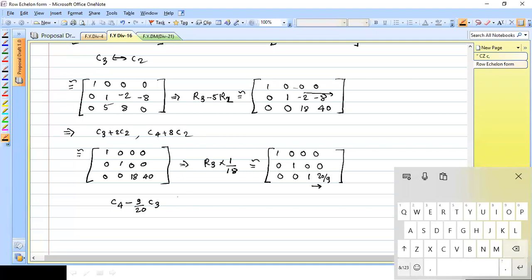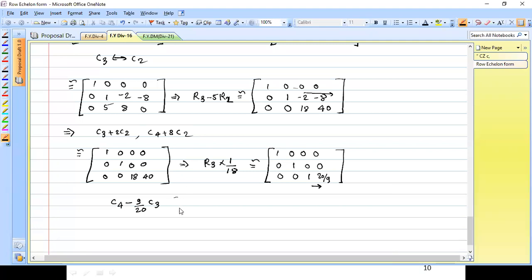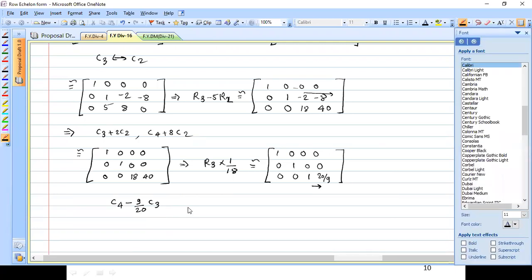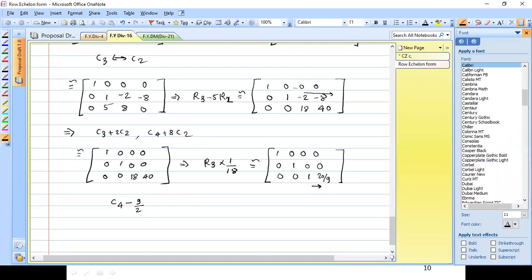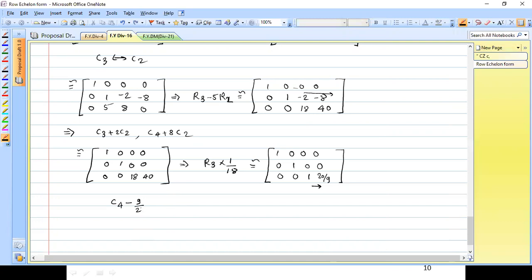Okay, correct. So I just erase that one. C4 is 1. C4 is 20 divided by 9 times C3. So this value is 1, so it becomes 0.